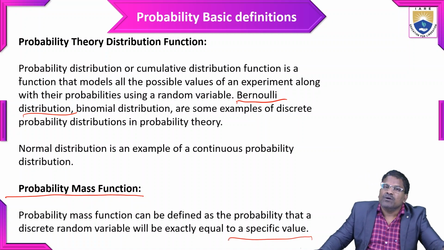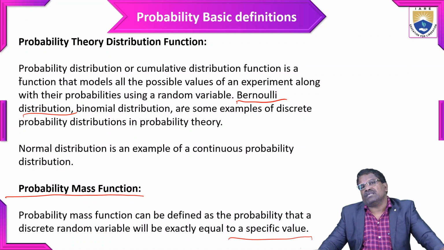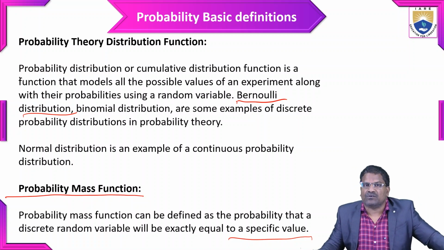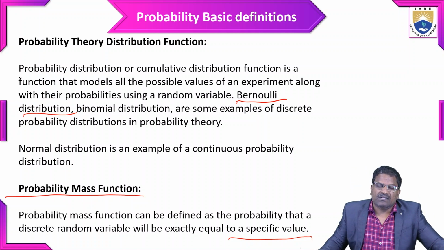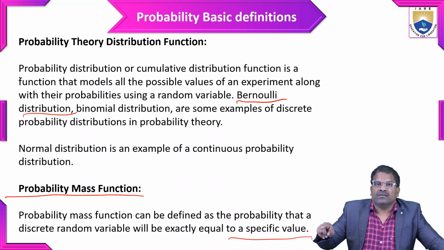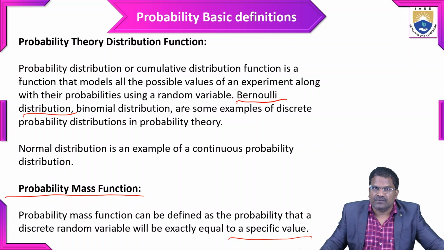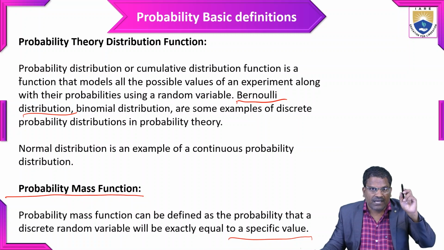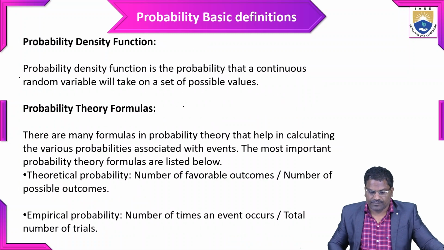That's why PMF is defined for discrete random variables only. In a discrete random variable, automatically it shows a specific numerical value. That's why this probability mass function is defined for discrete random variables.